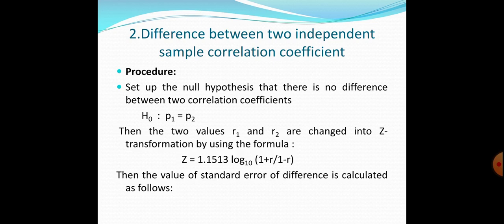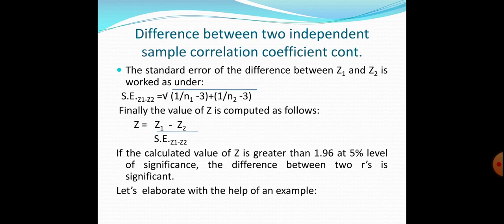Then you get the two values of the Z transformation by using the formula Z is equal to 1.1513 log to the base 10 of (1 plus r) divided by (1 minus r). Then the standard error of the difference is calculated in the same way, that is the square root of 1 divided by (n1 minus 3) plus 1 divided by (n2 minus 3). Finally, the value of Z is computed the same way.